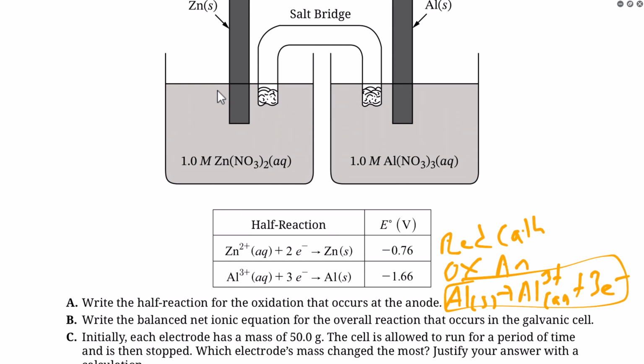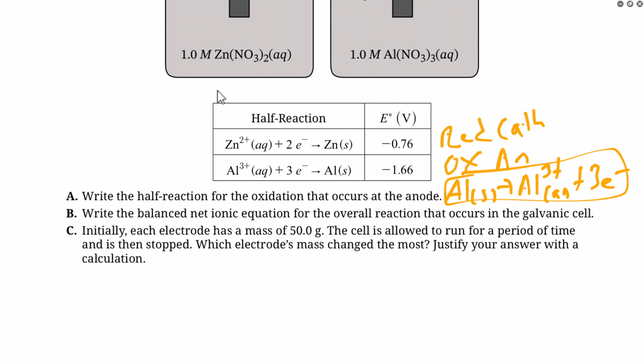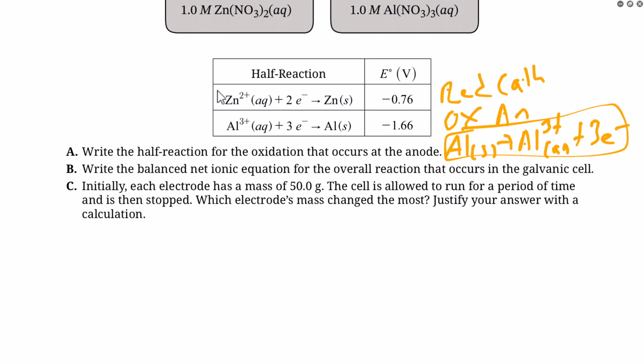Interesting entry question, pretty straightforward here. It says write the balanced net ionic equation for the overall reaction. So we need to make sure that we combine these two reactions. Remember that when you combine half reactions, you need to make sure that the moles of electrons cancel. So we need to take this equation, multiply by 3. This equation multiplied by 2. Remember that this equation is also the one that is flipped.